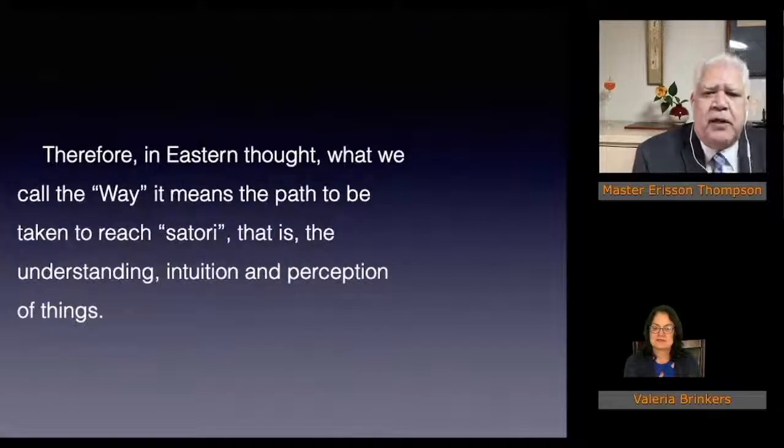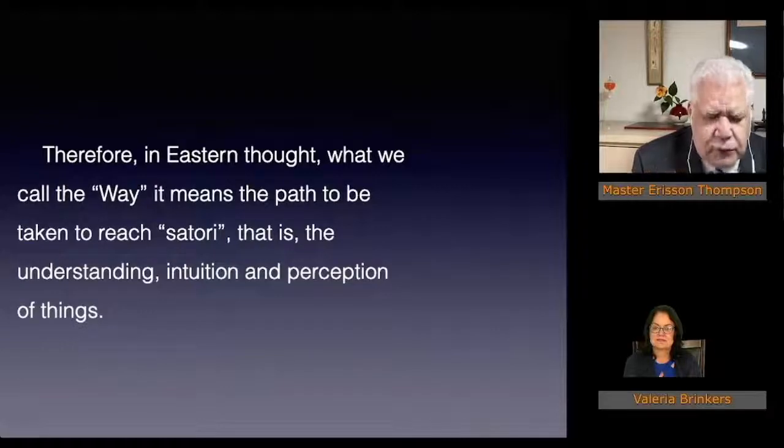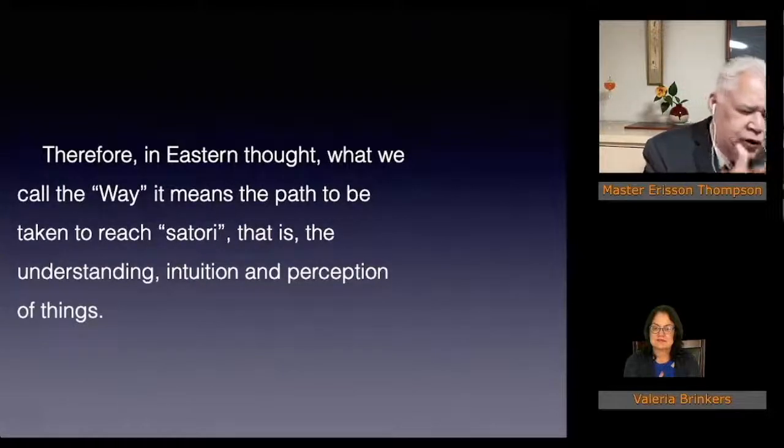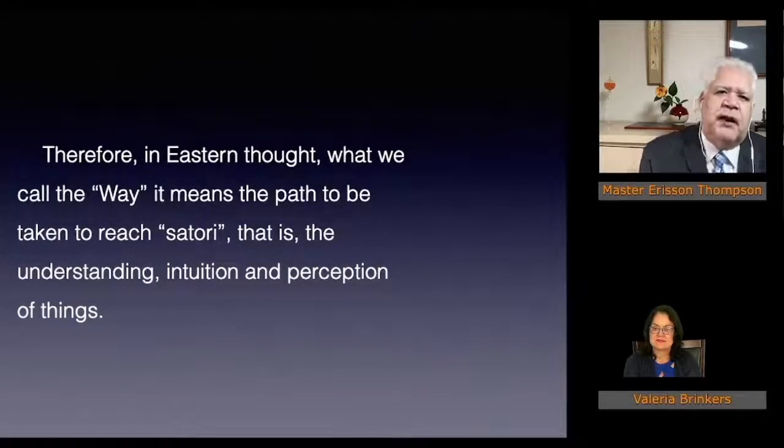Therefore, in Eastern thought, what we call the way, it means the path to be taken to reach Satori, that is, the understanding, intuition, and perception of things. So I believe that when we enter the path Do, whatever the path is, flower, tea, ikebana, calligraphy, we can think that it is not only the technical part, but the inner development.